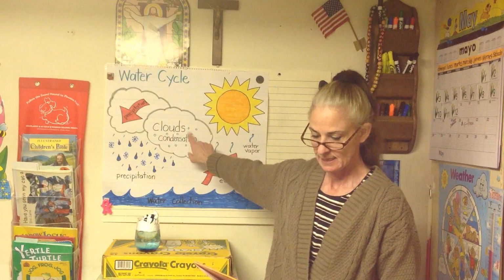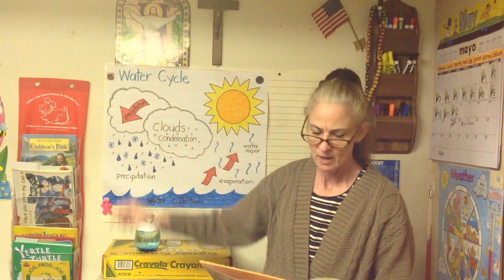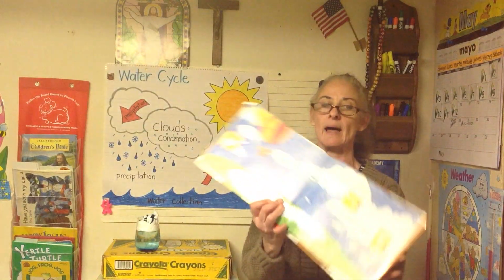The water changes to water vapor. It's carried up and away from the earth, where the air is cool or even freezing. When the water vapor cools, it condenses. The water vapor changes into water droplets, and all together, the droplets make clouds. Water droplets join together to make water drops, and the drops fall to the earth from the clouds.